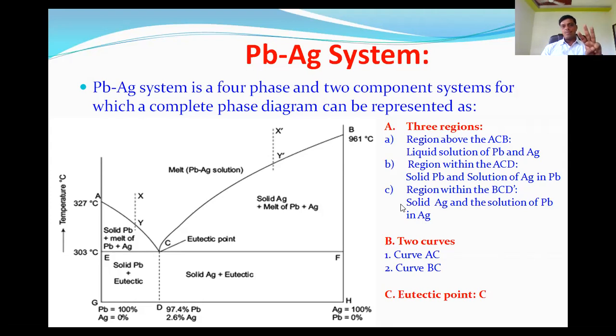Since in this example the vapor phase does not exist, the Gibbs phase rule is reduced. It is very important, please students remember it. Since the vapor phase does not exist, the condensed or reduced phase rule has to be used to determine the degrees of freedom.